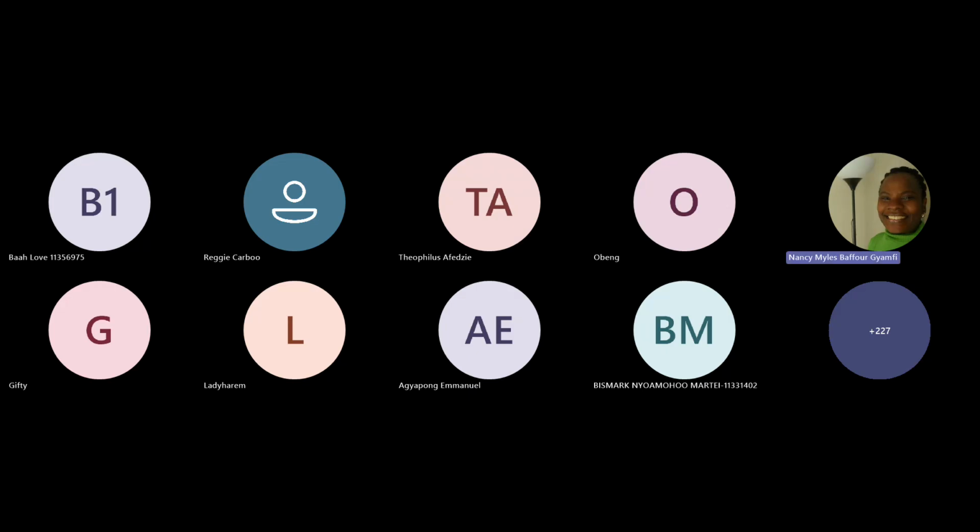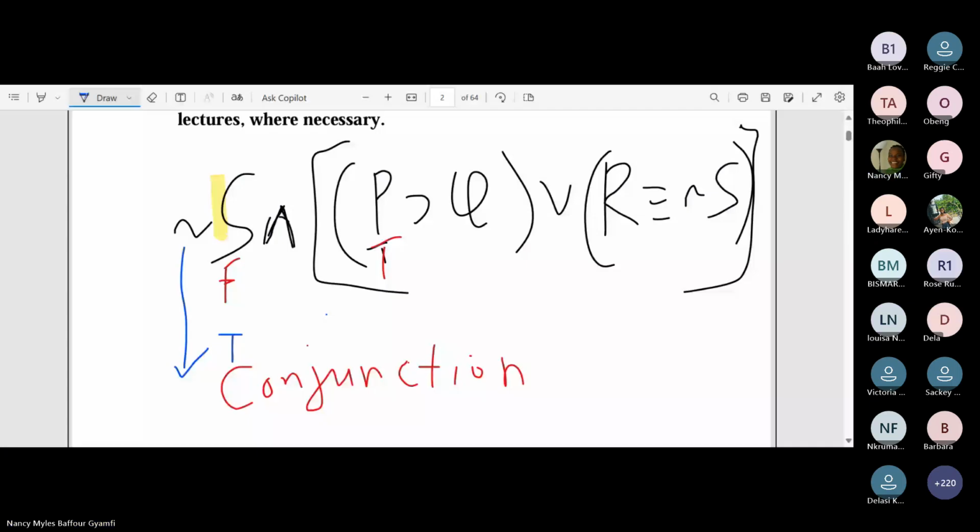Let me reshare. Can you see, please? Yes, please. So should we continue? What I'm projecting has a red ink writing of conjunction at the bottom.